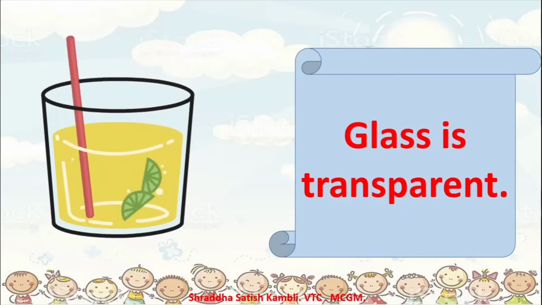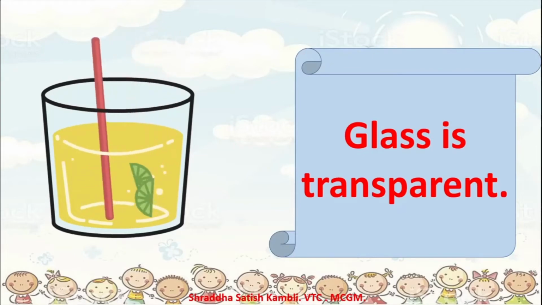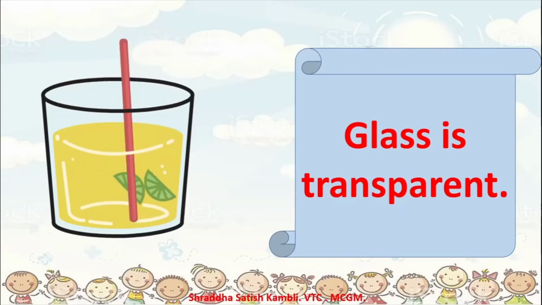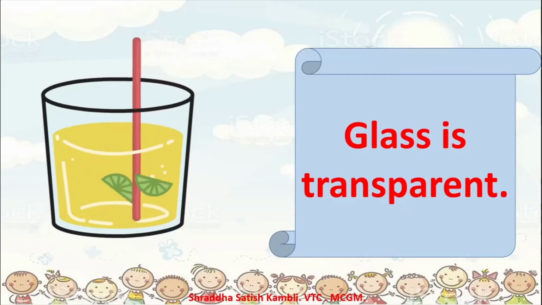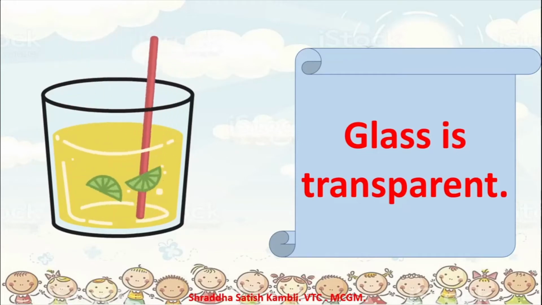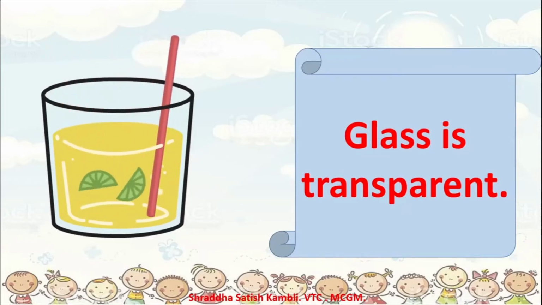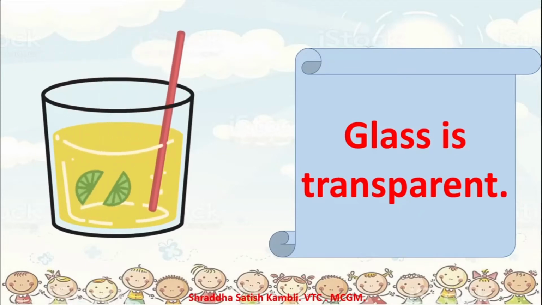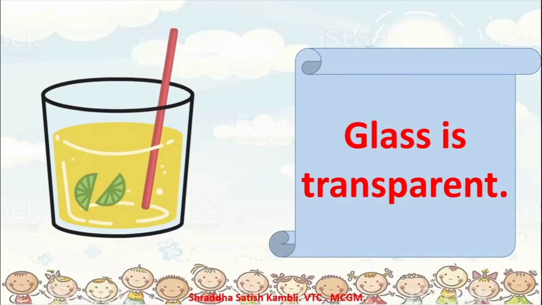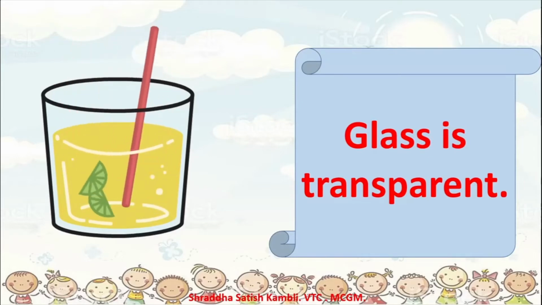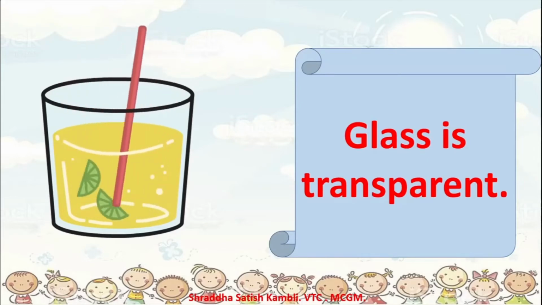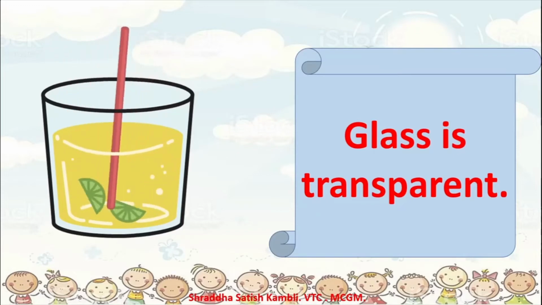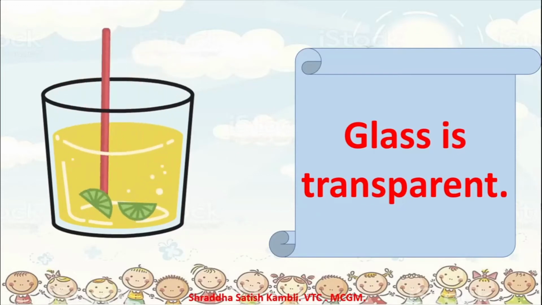If you look at it from the front like we are doing now, you will not be able to see anything which is happening inside. Okay, so glass is transparent. Transparent means it allows light to pass through it, and because light passes through it, we can also see it. Okay, so this is the next property of glass.